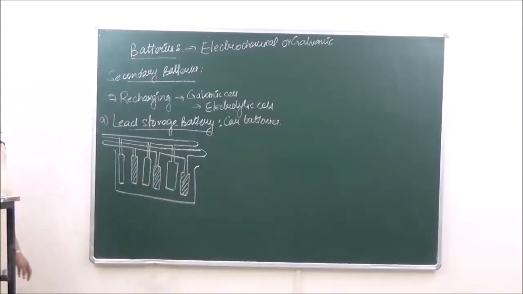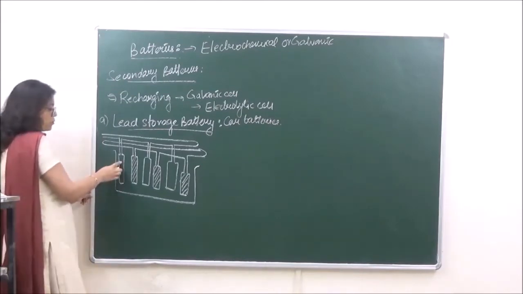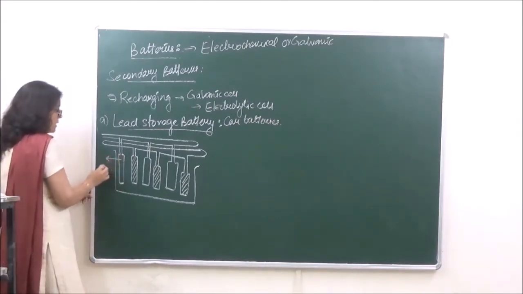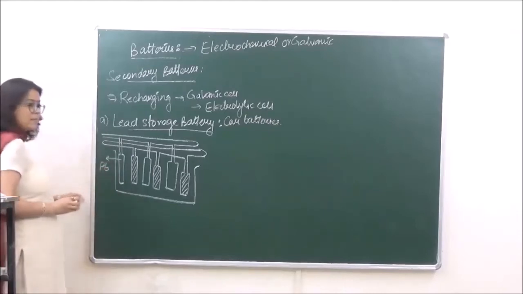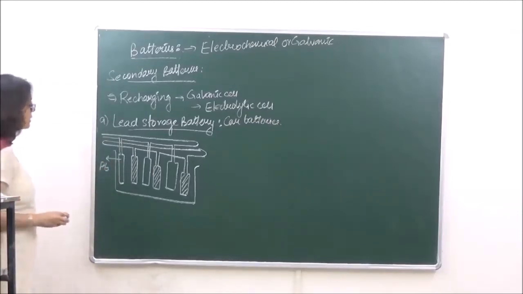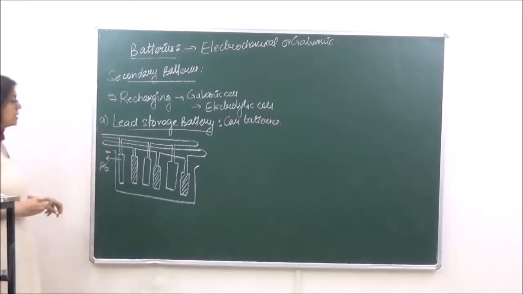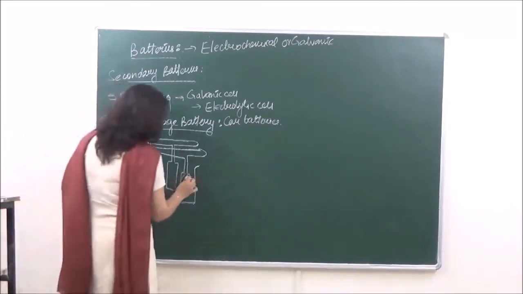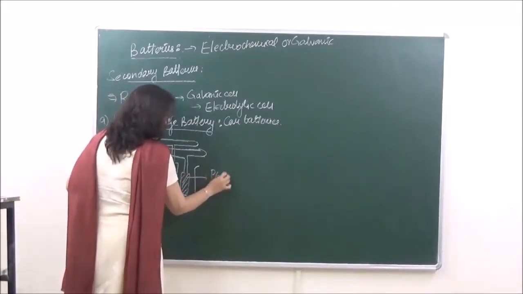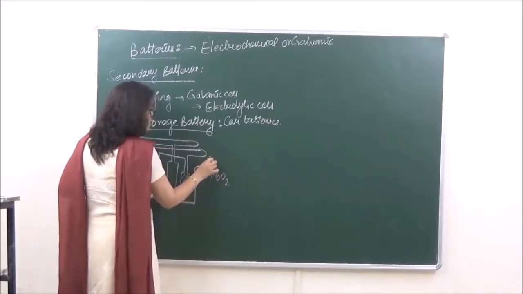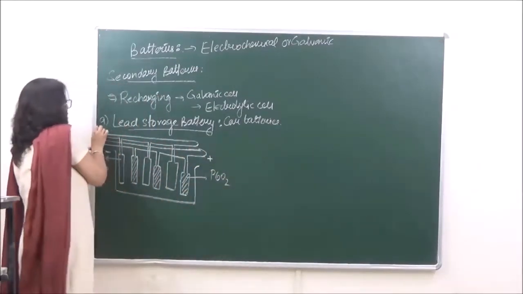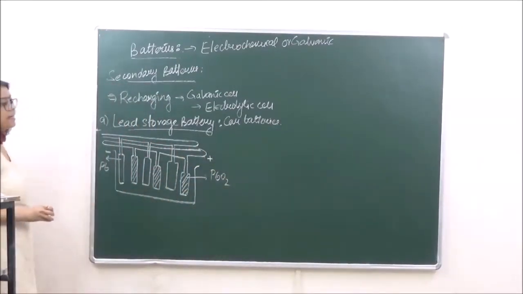Let's say this is the anode, which is made up of lead plates, and because it is an electrochemical cell, the anode is going to have a negative charge. The cathode is made up of lead dioxide plates, so the cathode is positively charged and the anode is negatively charged.